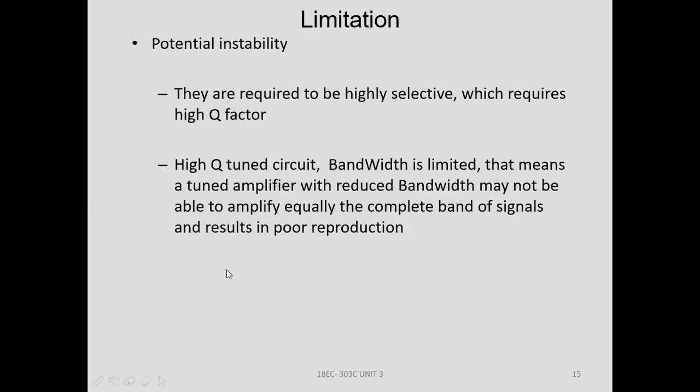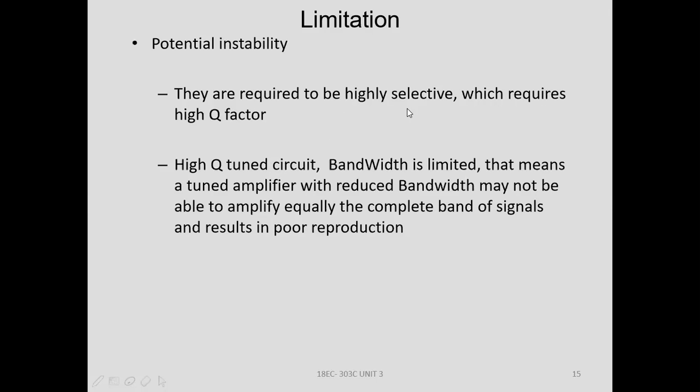That means the reduced bandwidth may not amplify equally the complete band of signals and results in poor reproduction. Poor reproduction means the output is not exactly the same as the input. This is due to the reduced bandwidth, and the bandwidth is reduced due to high Q. Why is high Q required?